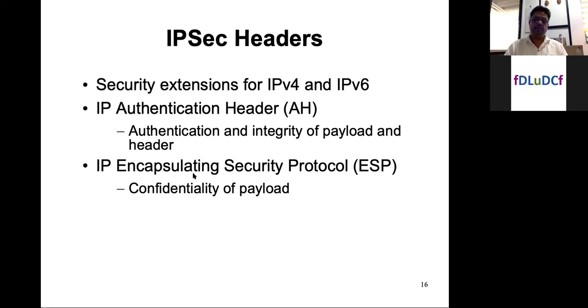The authentication header provides authentication and integrity features to the payload, that means the data. It provides the integrity and authenticity of the data. If we add the encapsulation security payload or ESP header, it provides the encryption or confidentiality of the payload, that is, encryption of the data packet.